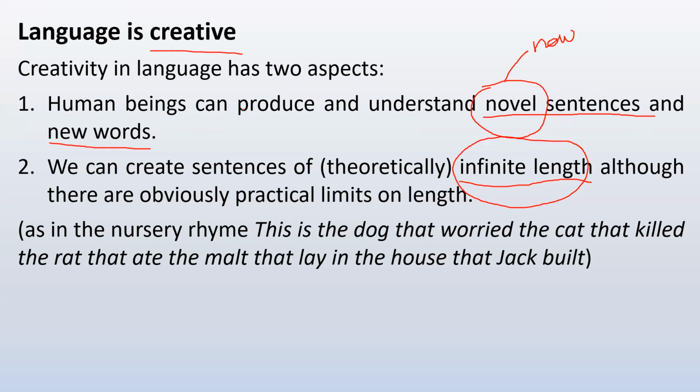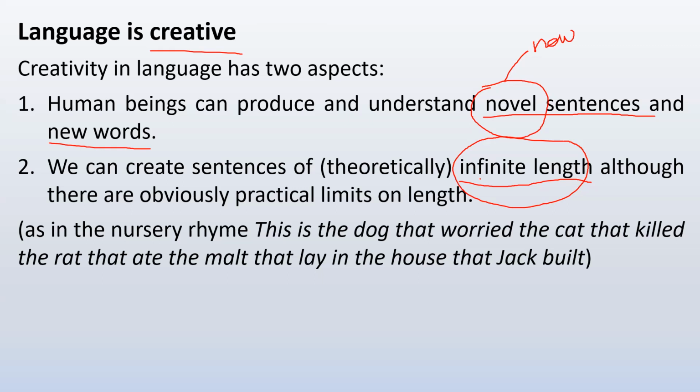But you don't have to misunderstand this infinite length. Theoretically, we human beings can create very long utterances, but there are some practical limitations. Especially when it comes to understanding, it will be really difficult. Although we can create long sentences, it may not be that practical to understand them.